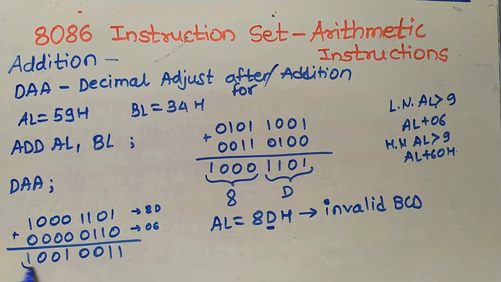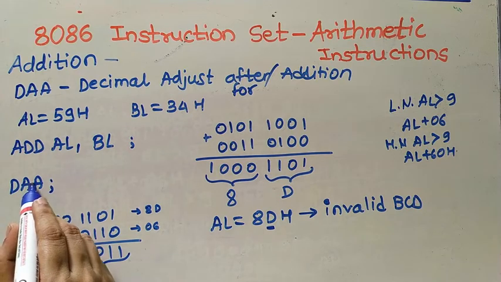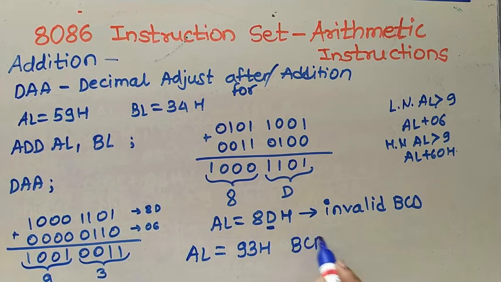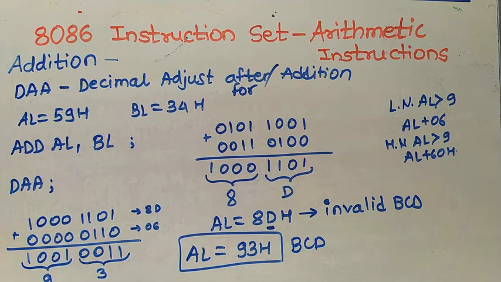So this is 9 and this one is 3. So after this DAA, in the AL register we have the result 93H, which is a valid BCD number. So in this way, to make our result valid after addition, we use this DAA instruction.